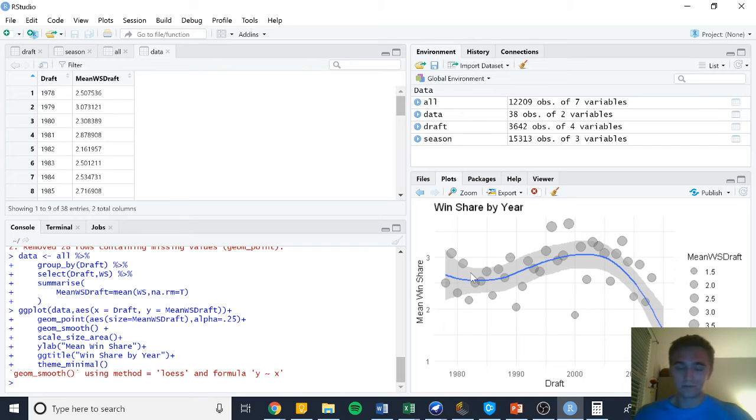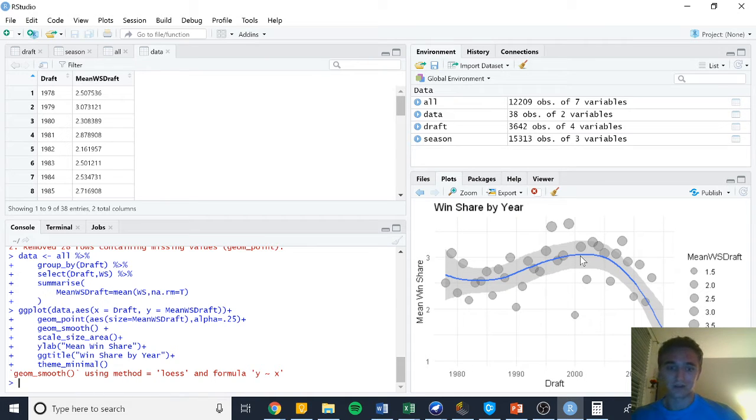So here we can see a kind of flat and then increasing win share per draft, and then a decline at the end. This is the win share of the player over the entire course of their career, basically. And this makes a lot of sense. Teams are getting smarter and smarter over the course of the years.